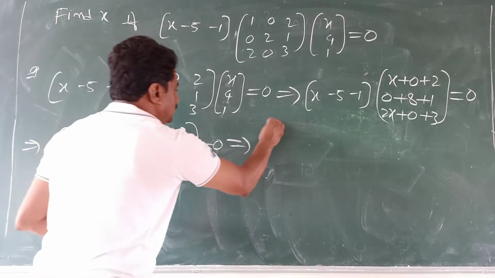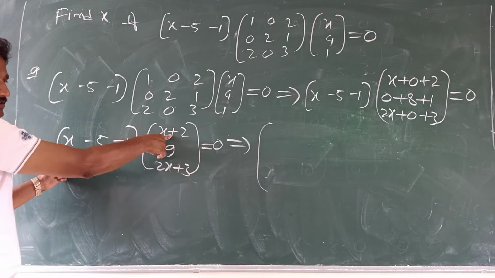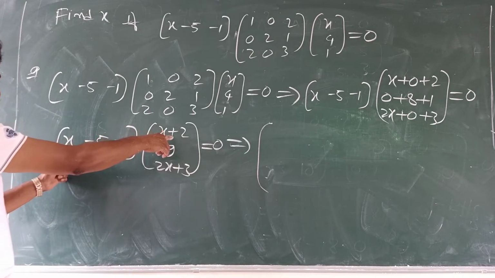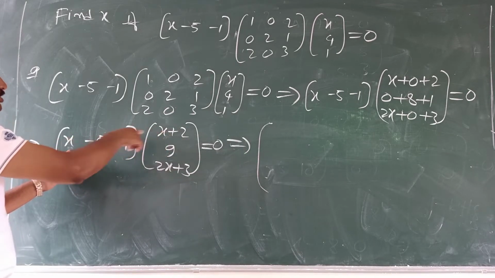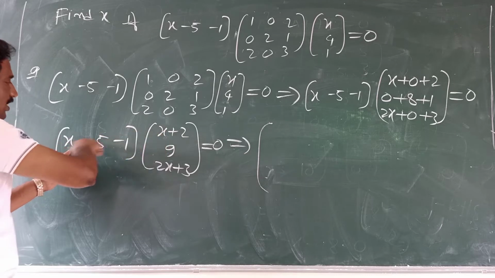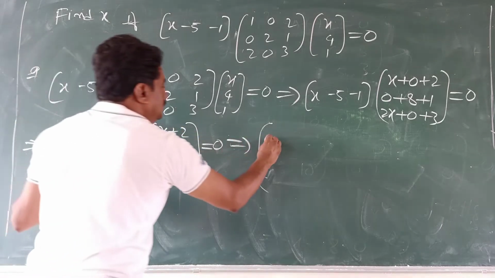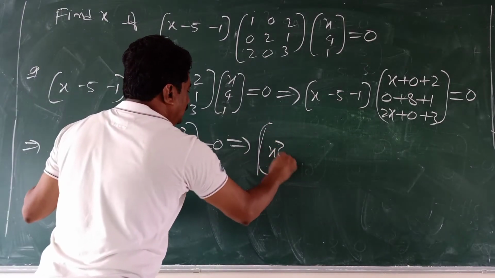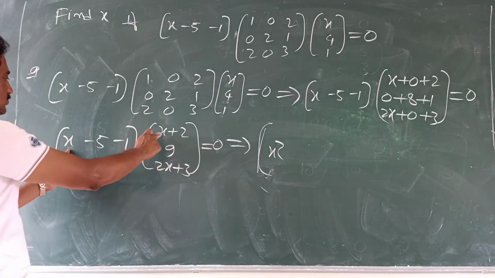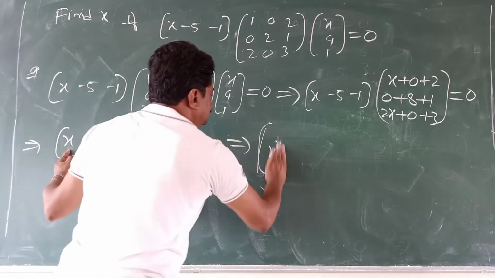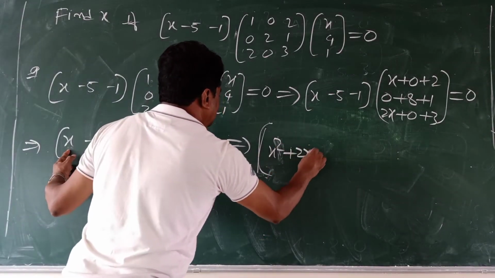As usual, first into first, x into x plus 2. I multiply x plus 2 by x, right? x into x square, x square, x into 2x, plus 2x, so x square plus 2x.